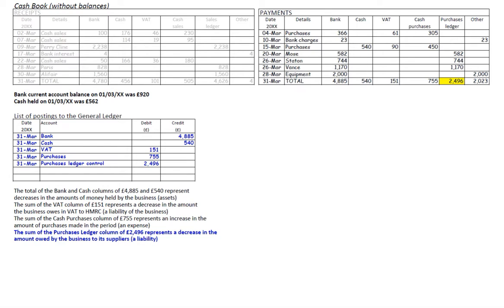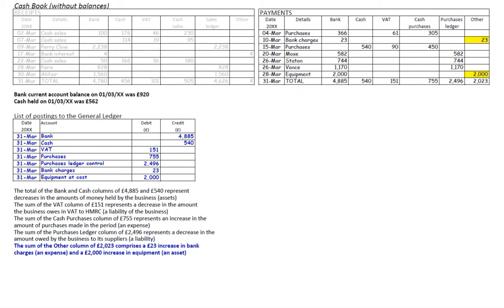They're not the same type of cost, so we're going to post them to separate accounts right from the off. I will send the £23 to bank charges and the £2,000 to equipment purchases or equipment cost account in our general ledger.